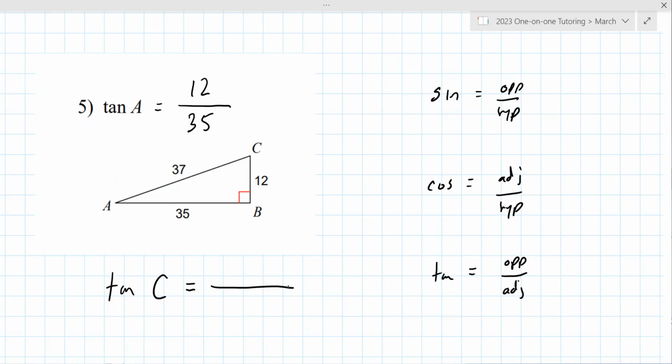Okay, I agree. What are those numbers? 12 over 37. Try again. You're here at C. Okay, 35 over 37.